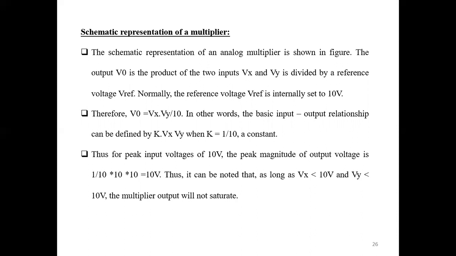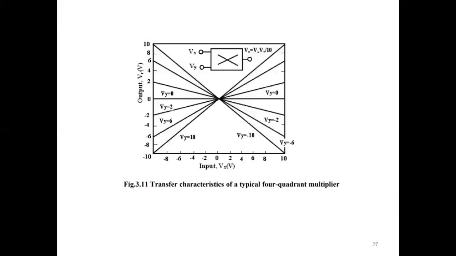In other words, the basic input-output relation can be defined as K times Vx Vy, where K is equal to 1 divided by 10, a constant. Thus, for peak input voltages of 10 volts, the peak magnitude of the output voltage is 10 volts. As long as Vx and Vy are less than 10 volts, the multiplier output will not be saturated.